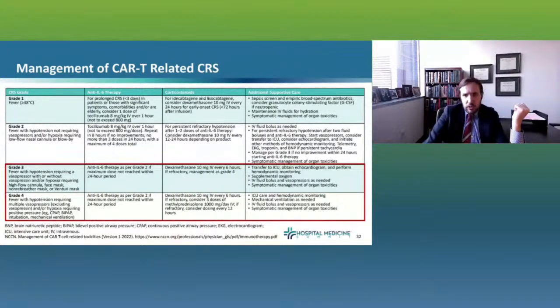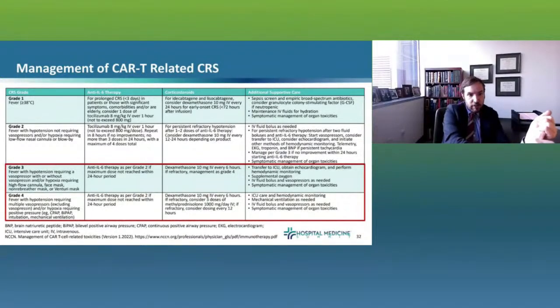And then grade 3 and 4 is where we get nervous. Grade 3 includes fever with hypotension that requires a vasopressor, with or without hypoxia requiring high flow nasal cannula, face mask, non-rebreather, Venturi. And then grade 4 is fever, refractory hypotension requiring pressors, and patients requiring positive pressure support for hypoxia, either CPAP, BiPAP, intubation, mechanical ventilation.